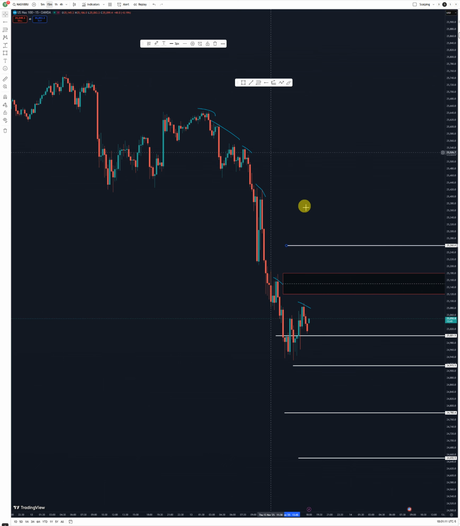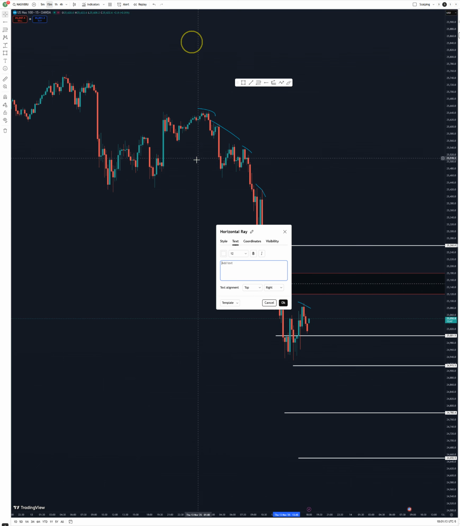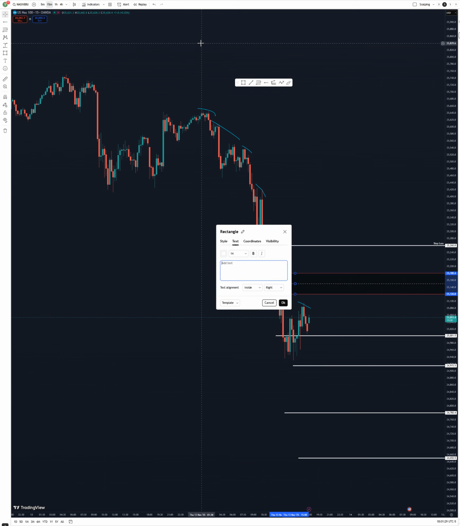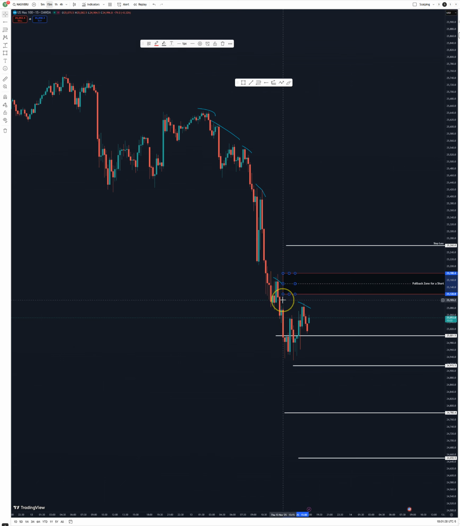So this would be my stop loss here, and this will be my pullback zone for a short.